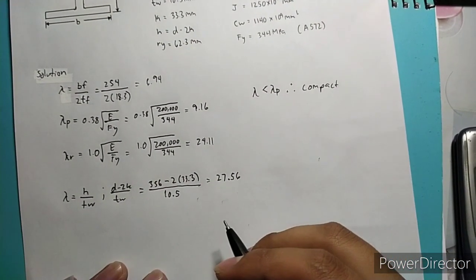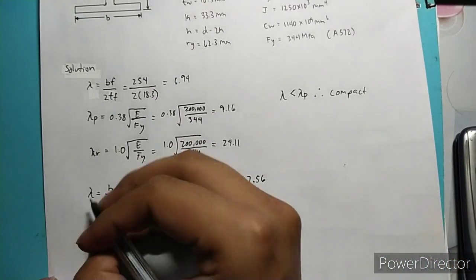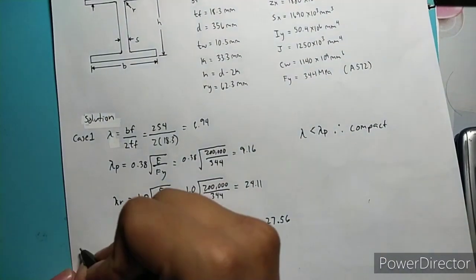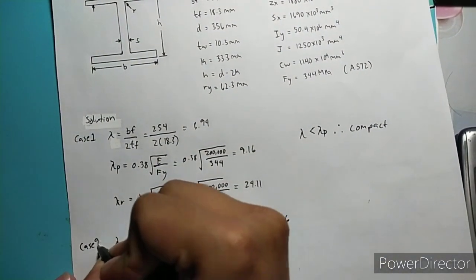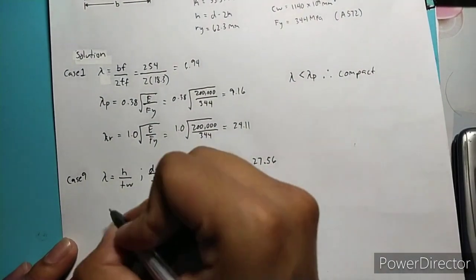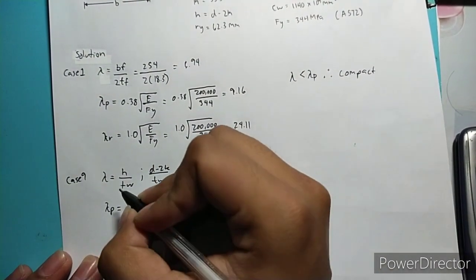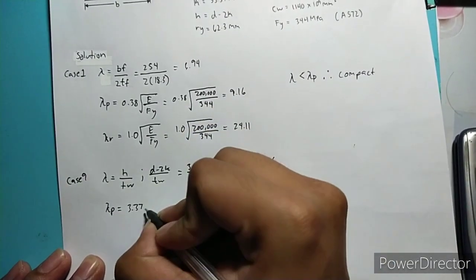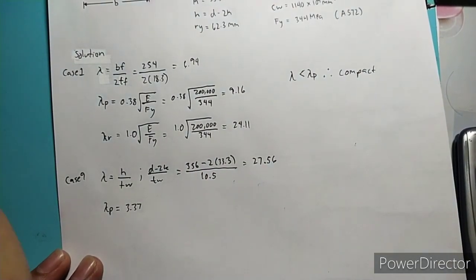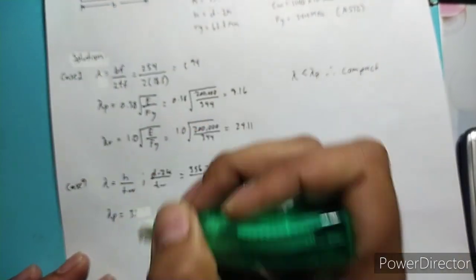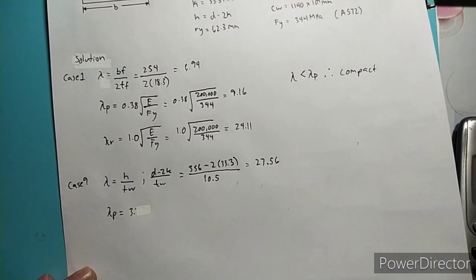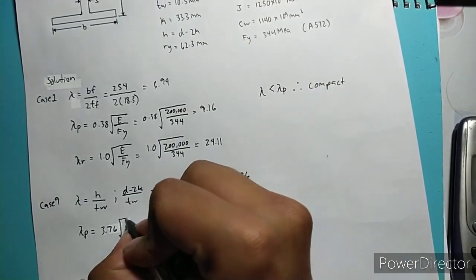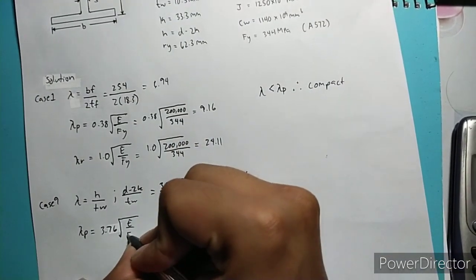And next is lambda P for case 9. Here, case 1 is for the flange, and we used case 9 for the web. So, lambda P for the web is 3.37. Sorry, mistake, it is 3.76 multiplied by square root of E over Fy.